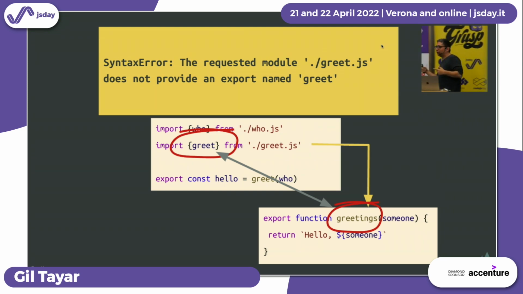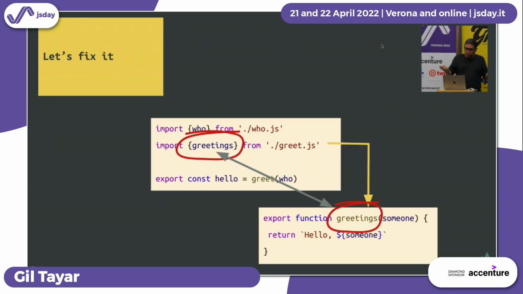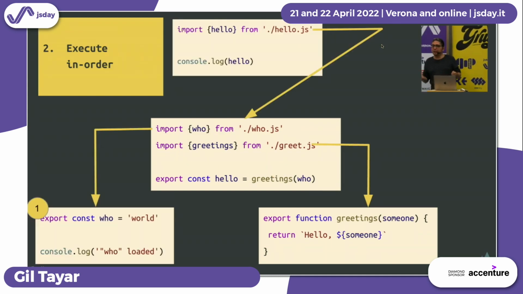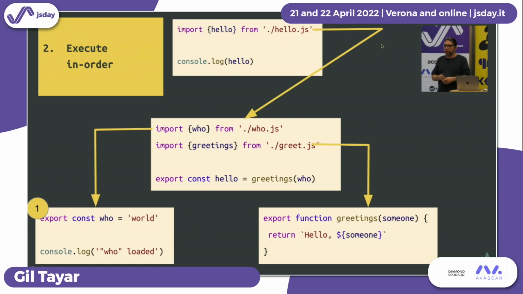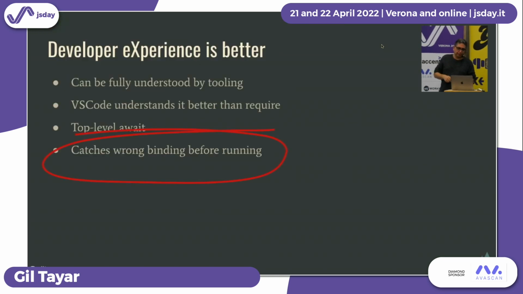This is an interesting thing. We get the binding error before the files are even run. We fix it, and we're done. Once it's parsed and bound, now we can start running the files, obviously bottom up. Okay, if you think about it, it makes sense. It's just like CommonJS. So we're running 1, then 2, then 3, then 4.